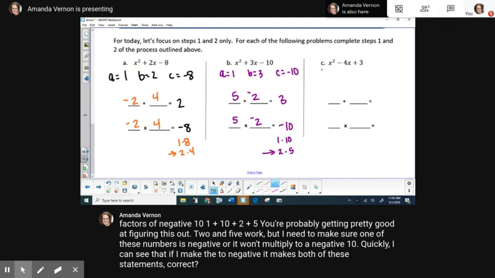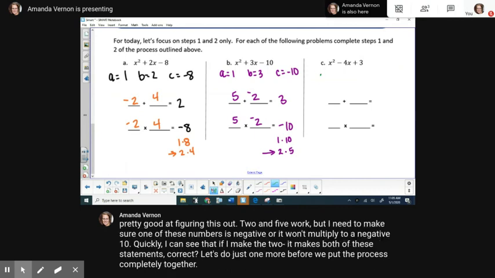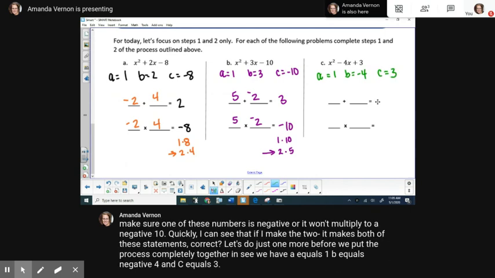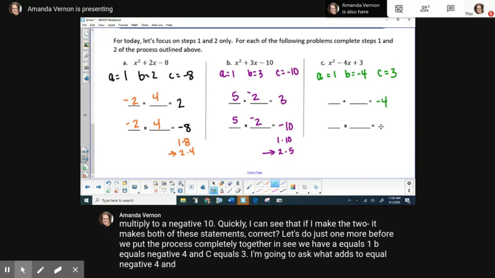Let's do just one more before we put the process completely together. In C, we have a equals 1, b equals negative 4, and c equals 3. I'm going to ask what adds to equal negative 4 and multiplies to equal 3. Well, the only factors of 3 are 1 and 3.